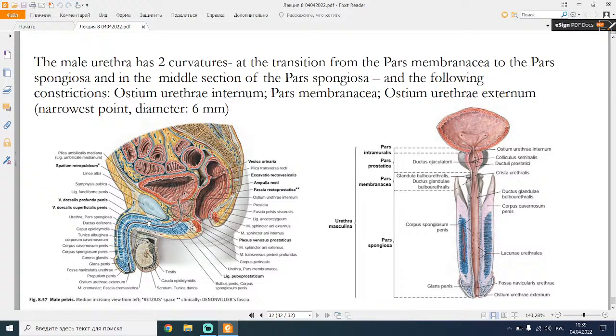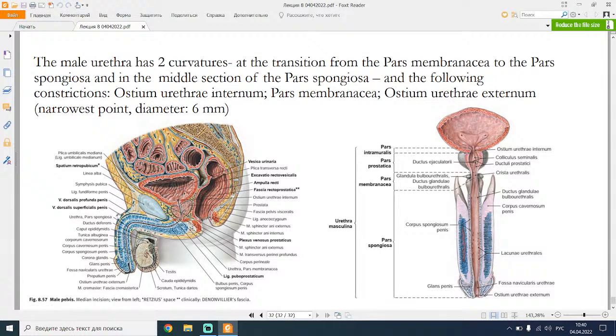The male urethra has two curvatures. At the transition from pars membranacea to pars spongiosa, and in the middle section of the pars spongiosa.